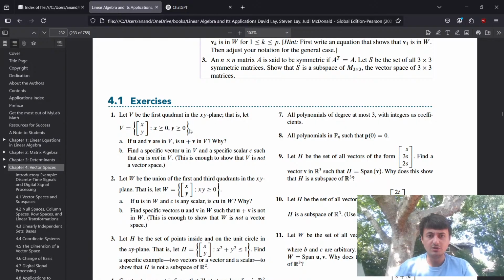So one, V is closed under addition? You take minus 1 times (1, 1), not in V. Two, you say yes, closed under scalar multiplication, but take (0, 1) plus (minus 1, 0), not in V. Okay, there we go.